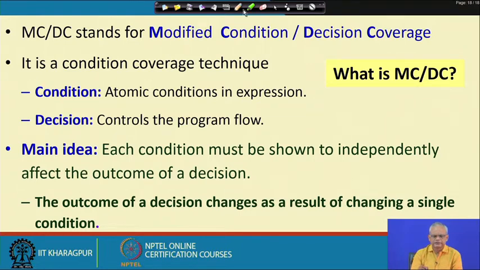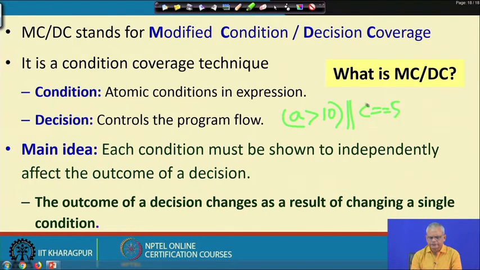That is, if we have an expression like a greater than b, a greater than 10 or c equal to 5 and d greater than 50, let us say this is our expression or the decision statement.